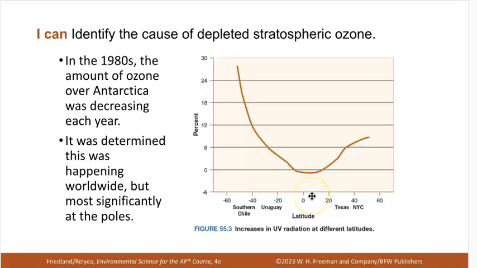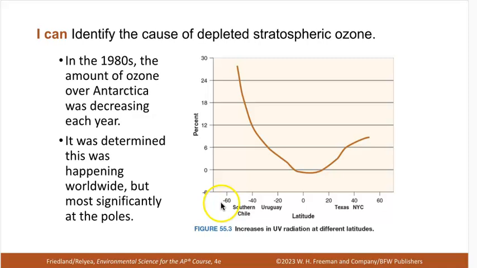So right here, this is the increase in UV radiation at different latitudes. So the equator is at 0 latitude, and we go to 90 north and south. And there's increases in UV, especially as you get toward the poles, the North Pole and the South Pole, and especially Antarctic.